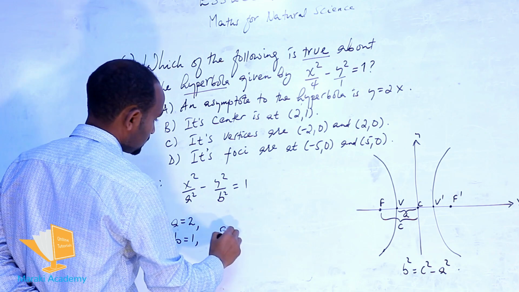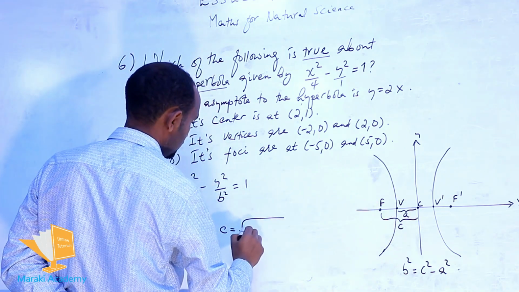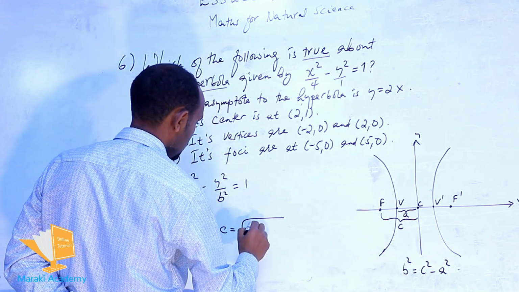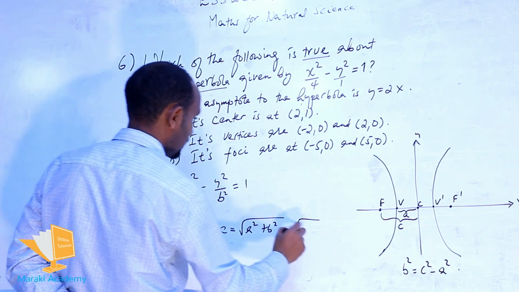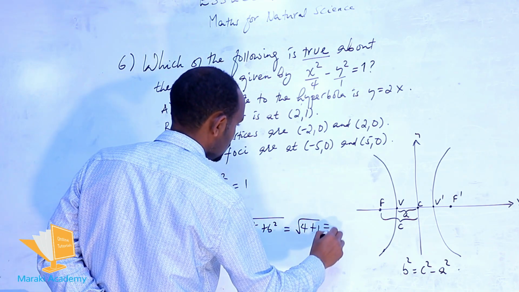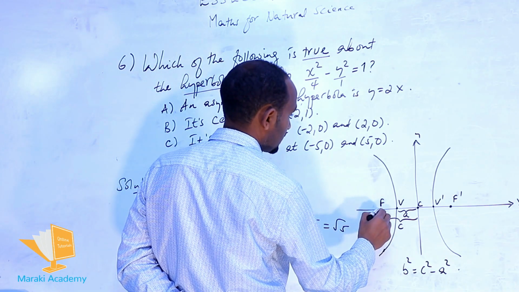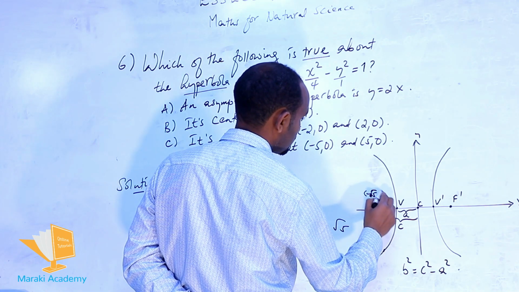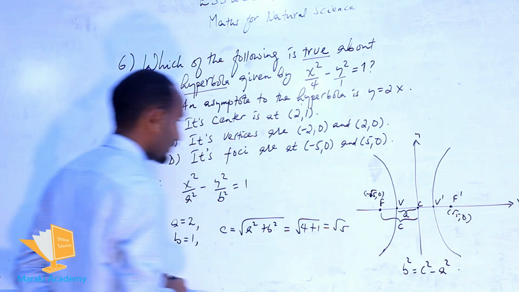So what is c? c is the distance from here to here, the square root of a squared plus b squared, which is equal to the square root of 4 plus 1, which is the square root of 5. So the foci are minus root 5 comma 0 and root 5 comma 0.